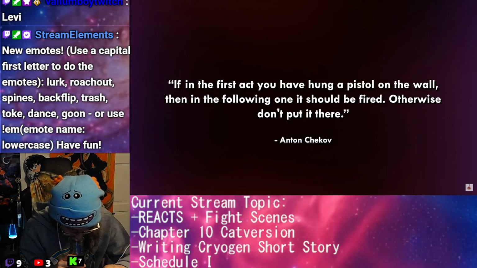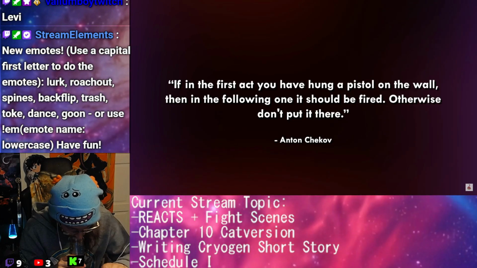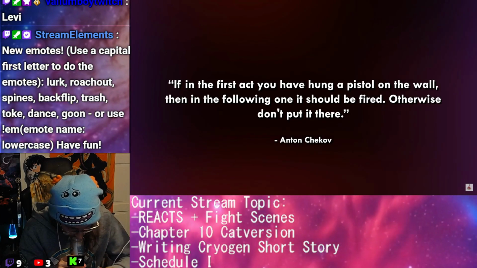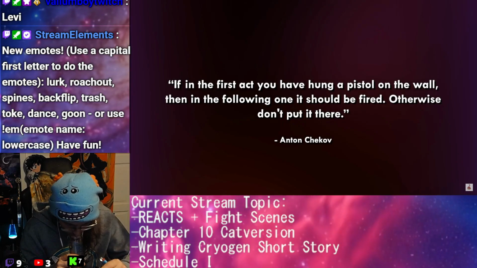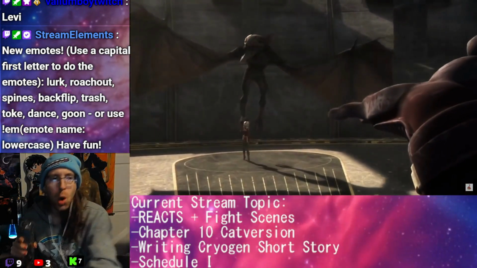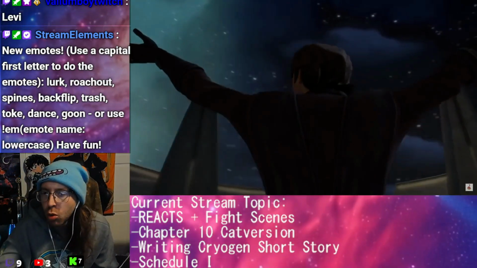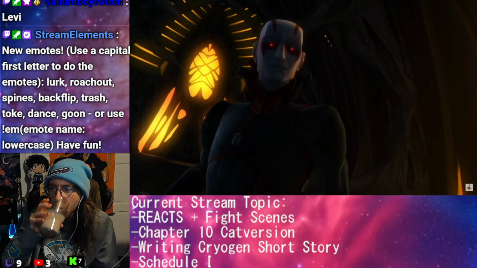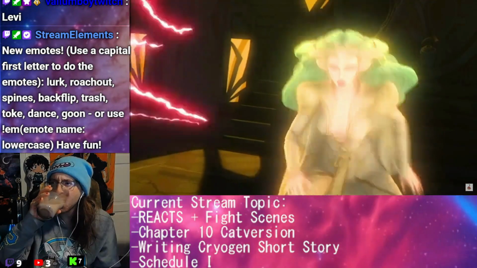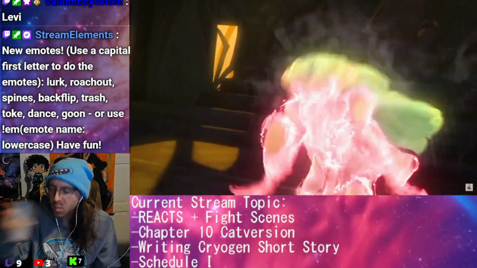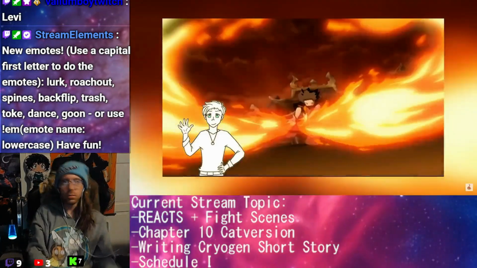If in the first act you have hung a pistol on the wall, then in the following one it should be fired. Otherwise, don't put it there. And in reverse, a gun that goes off in the third act should be set up beforehand. Fight scenes involving magic systems are really dependent on the reader understanding the rules of what's possible and what's not. Go watch my 3-part series on them.